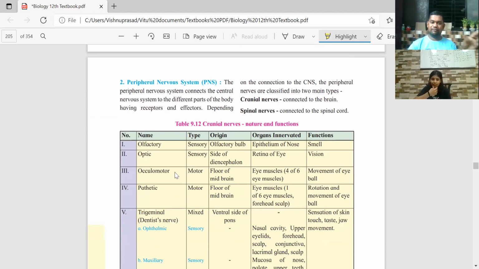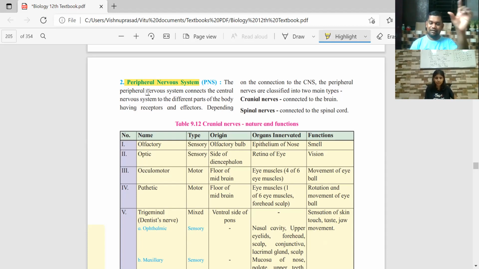But first let us understand the peripheral nervous system, PNS. Now the word itself is telling you, peripheral means side, border. Earlier we saw the central nervous system, which was the central axis of the body.